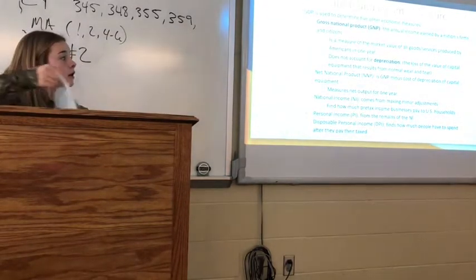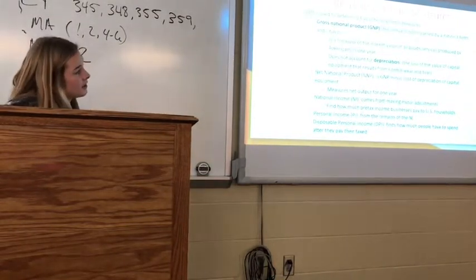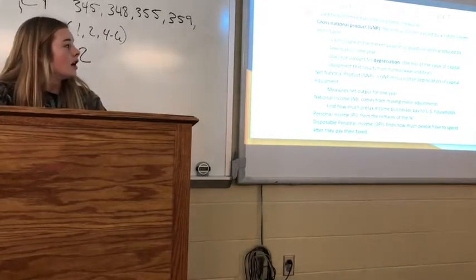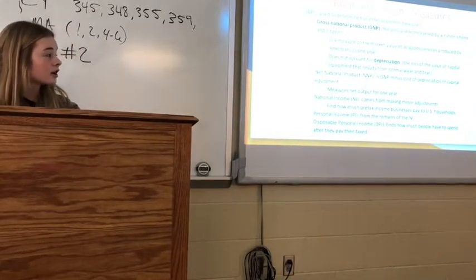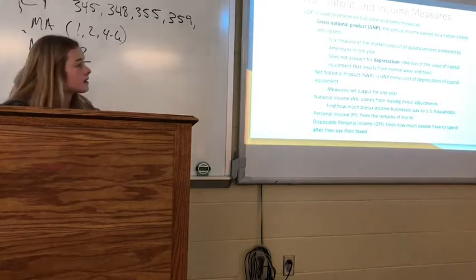So, other output and income measures. GDP is used to determine 5 other economic measures. Gross national product, which is the annual income earned by a nation's firms and citizens.